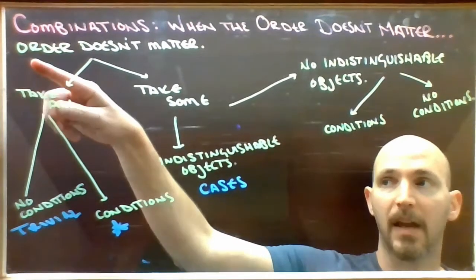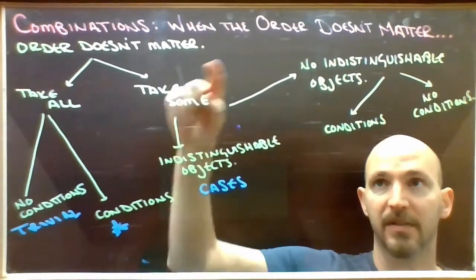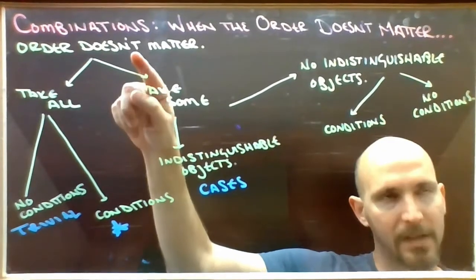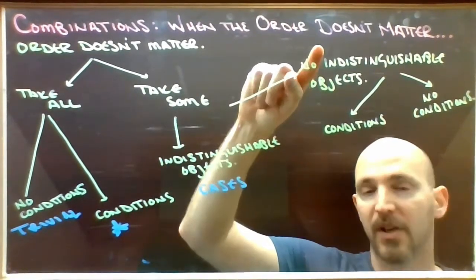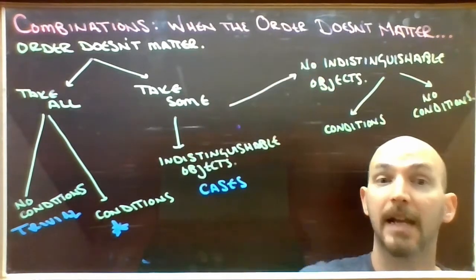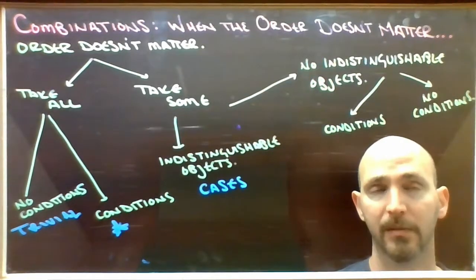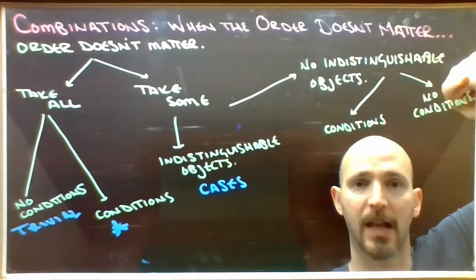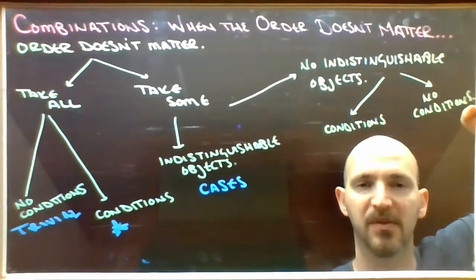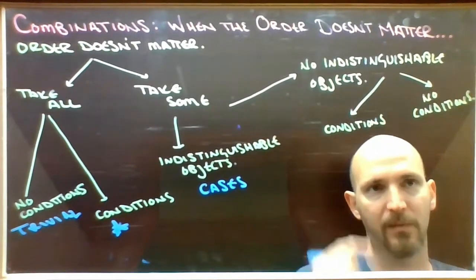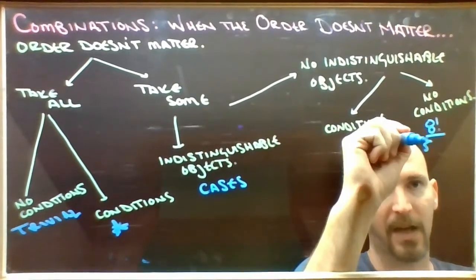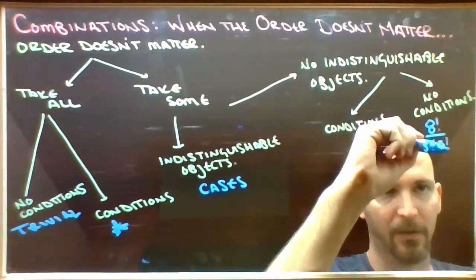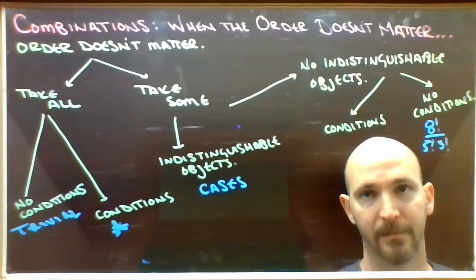If the order doesn't matter, you only take some of the objects, but those objects can all be told apart, like people showing up for council, and there are no conditions on how to take them, well, those are the examples we just did. Those are easy ones like 8 factorial, keep the 5 you want, and then get rid of the arrangements of the 3 you leave behind.